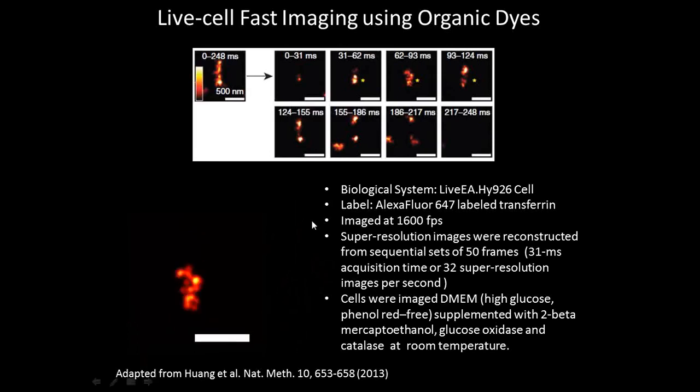So looking at Alexa 647 labeled transferrin, this was imaged at 1600 frames per second, and 31 millisecond acquisition time worth of data was pooled and then rendered here into a movie. In this case, the cells were imaged in high glucose DMEM, and in order to get the molecules to switch, they used beta-mercaptoethanol and glucose oxidase and catalase, and this was imaged at room temperature.